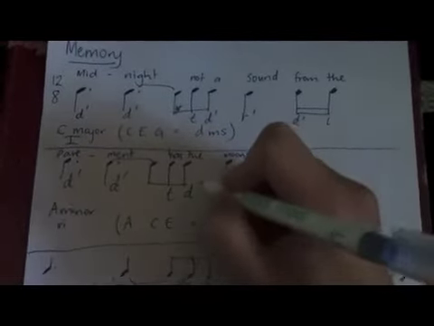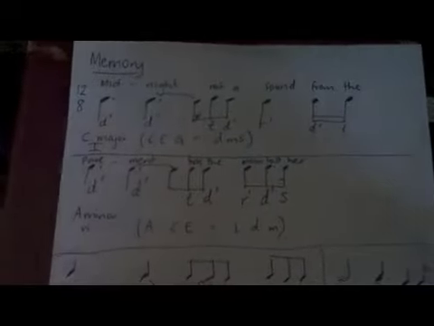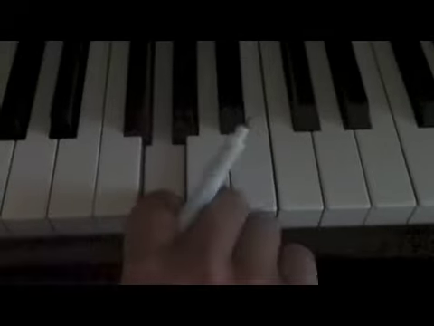And these are all high ones. And then it goes down to a so. So basically, still sticking with pretty much steps. Do, do, ti, do, re, do, so, la. So we're going down to there, dropping to the so. But basically, it's pretty much stayed in the same spot.